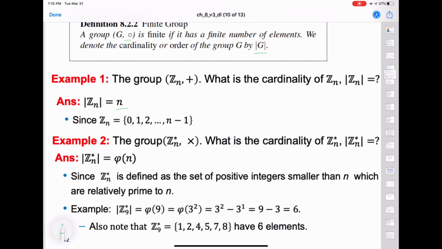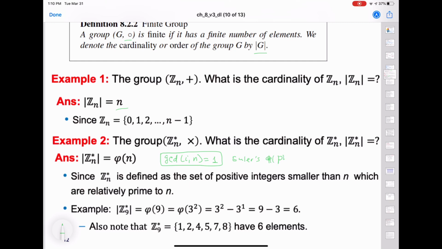And for the group Zn star, what is the cardinality of Zn star? In order to answer this question, we know that we need all elements such that the GCD of i and n has to be 1. For this condition, I taught you that this is Euler's phi function.